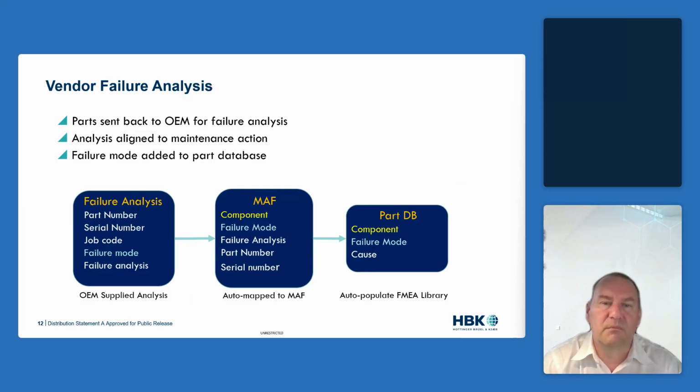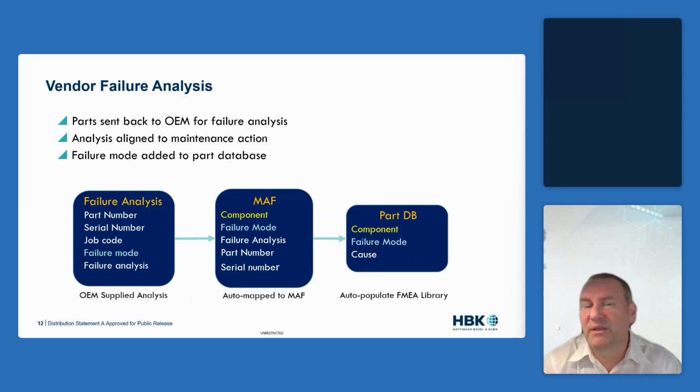They'll get that back in the form of a spreadsheet, maybe once a month, once a quarter: here are all the parts that you sent to us, and here are all the reasons that they failed. We made it easy in XFRACAS to import that data back into the system. We take the failure analysis given to us by the OEM, which probably has a part number and a serial number on it, may have a job code but not very often, and it identifies the failure mode and the failure analysis.